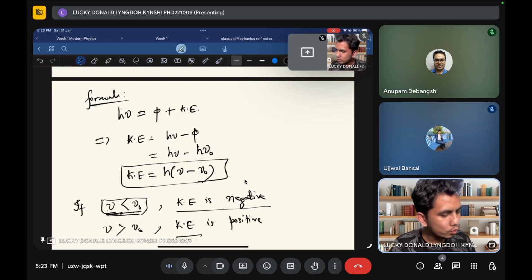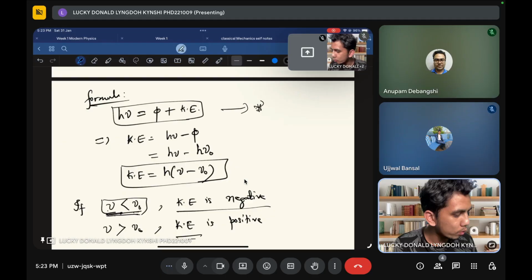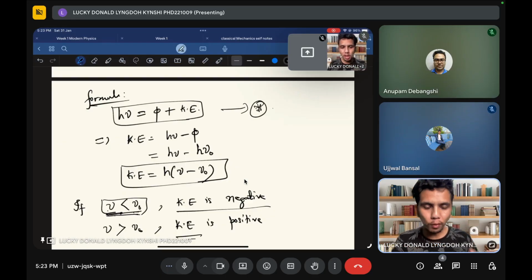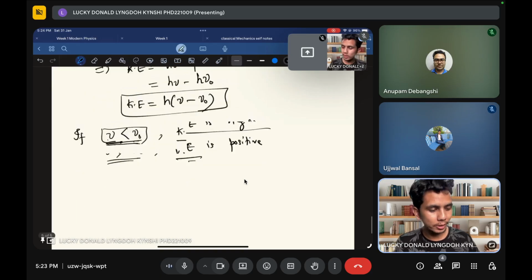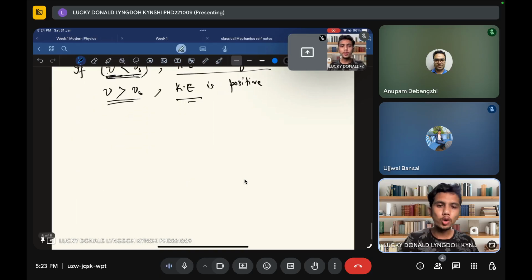This is one of the important formulas for any problems: h mu is equal to the work function plus the kinetic energy, provided mu is greater than mu naught, then the kinetic energy is positive, which means the electron will be ejected from the metal. However, if mu is less than mu naught, the kinetic energy is negative, which means the electron will not be able to come out of the metal.